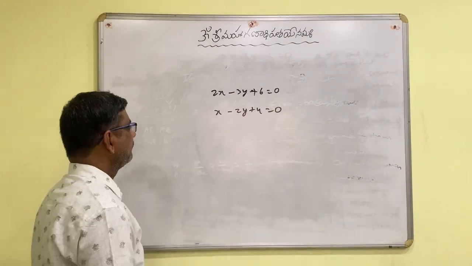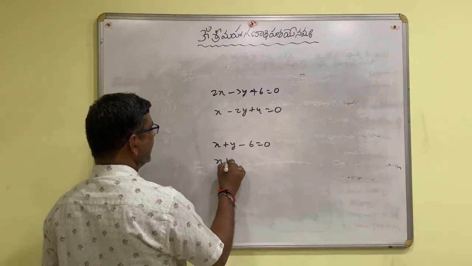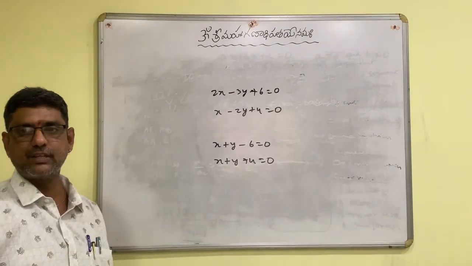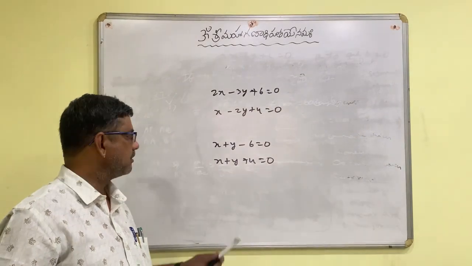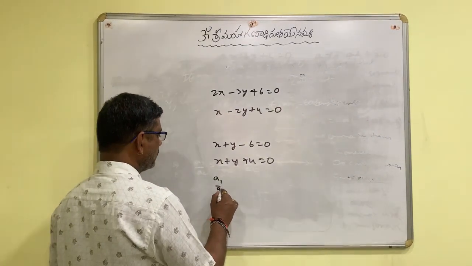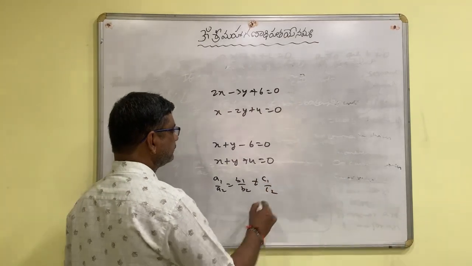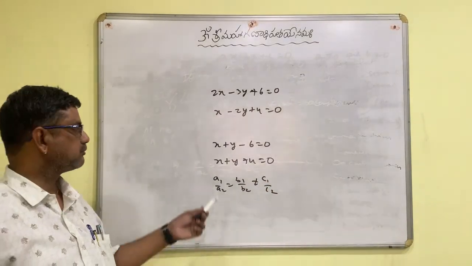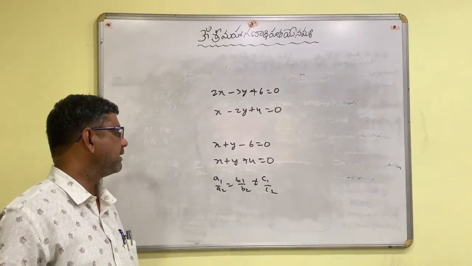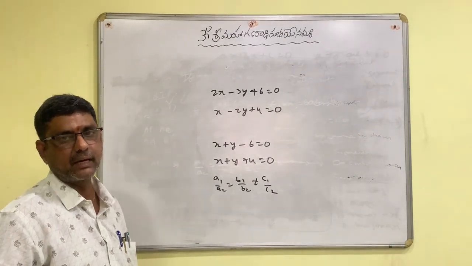అలా కాకుండా ఫర్ ఎగ్జాంపుల్ పేర్ ఇలా ఉందనుకోండి, x plus y minus 6 is equal to 0, x plus y plus 4 is equal to 0. Suppose we see this pair, here A1 by A2 is equal to B1 by B2, not equal to C1 by C2. మీరు అబ్జర్వ్ చేస్తే A1 by A2 is 1 by 1, B1 by B2 is 1 by 1, C1 by C2 is minus 6 by 4, that is minus 3 by 2.